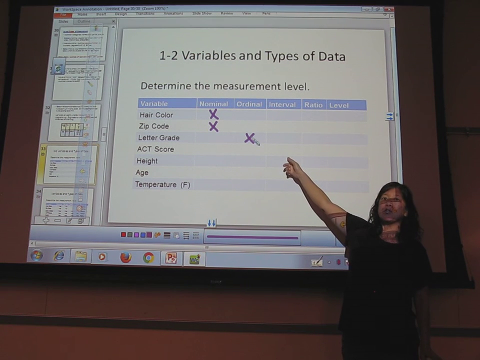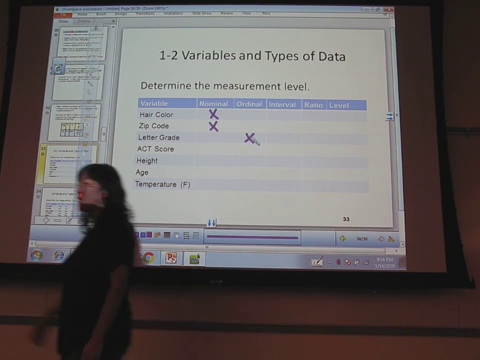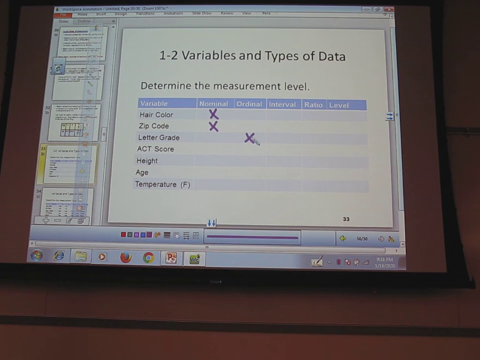Does anybody know about ACT scores? I'm going to make the statement, you cannot get a 0 on an ACT score. So does it have a true 0? No. So that's going to be what? Interval. We all good with that?